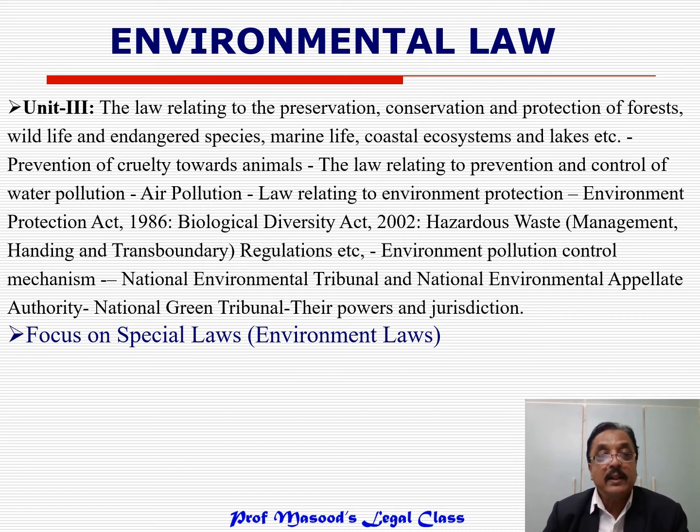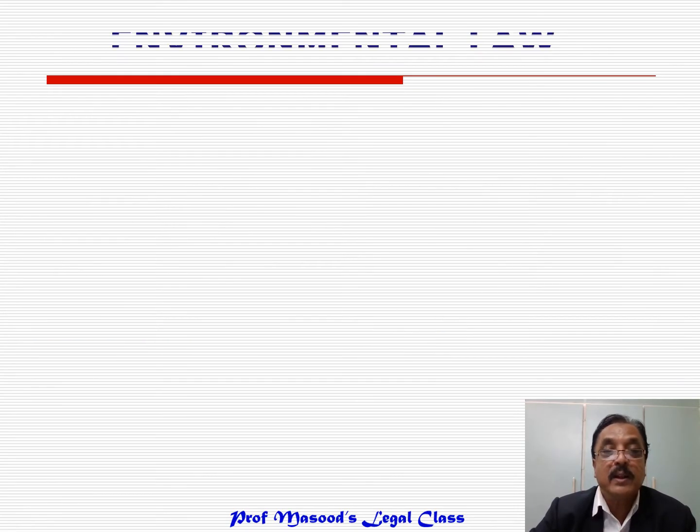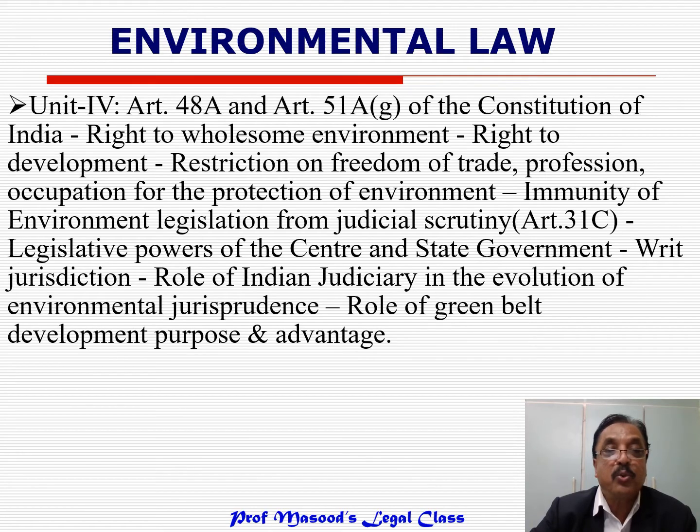And the second special law, here we have Biological Diversity Act 2002. So these two special laws are there, and apart from that, we have the National Environmental Tribunal, National Environmental Appellate Authority. These things we have. It is about unit number 3. Let us go for unit number 4.